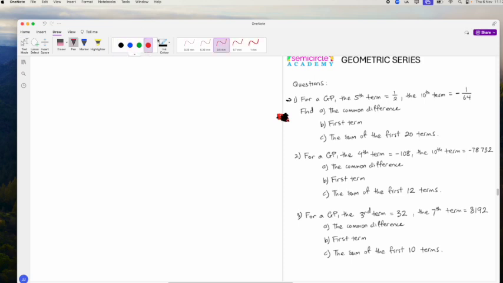So number 1, for a GP, the fifth term is a half. So I'll put a5 is a half. The 10th term, a10, is negative 1 on 64. And so we have to find the common ratio, the first term, and the sum.